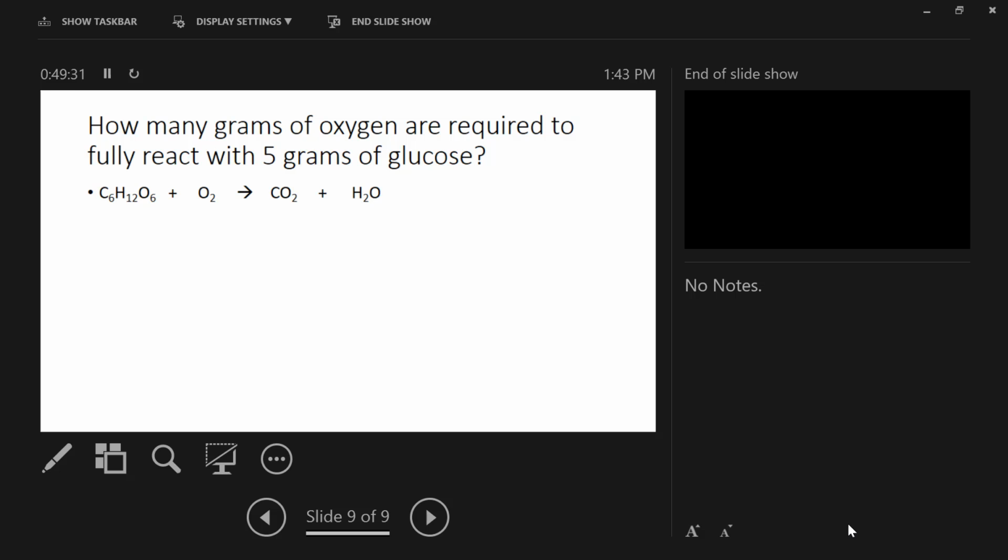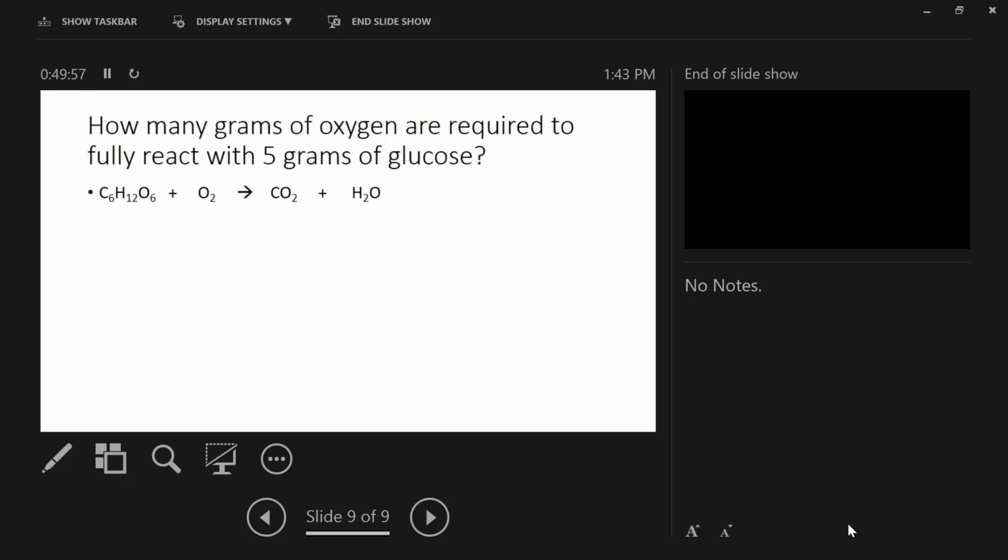How many steps would that require? 3. Because we'd have to go from grams of oxygen to moles of oxygen. Once we're in moles, we can go to a different material. You can only convert from one material to another using what? The molar ratio. And then once we're in moles of carbon dioxide, now we can go from moles of carbon dioxide to grams of carbon dioxide.